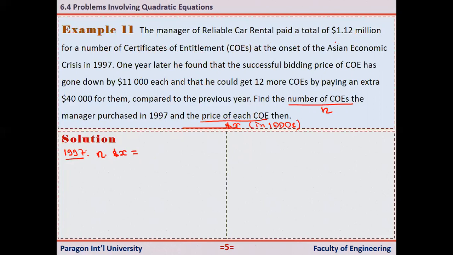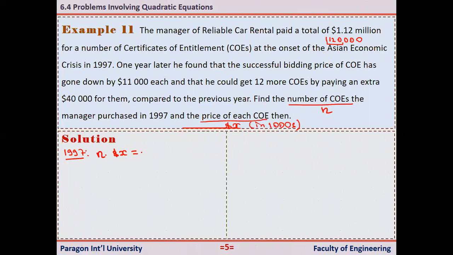So $1.12 million is 1,120,000, and in thousands, we have 1,120 thousands. Because X is in thousands, we also need to write this in thousands so that they have the same units.